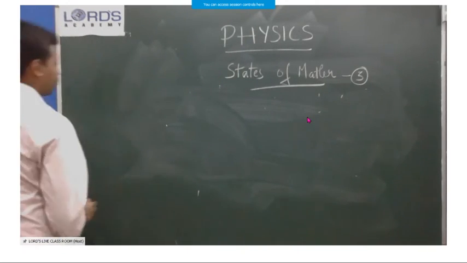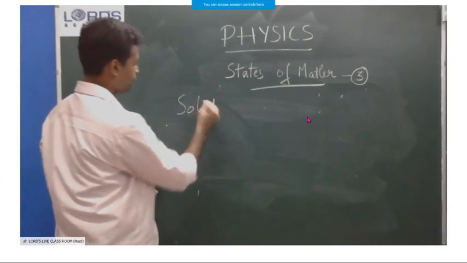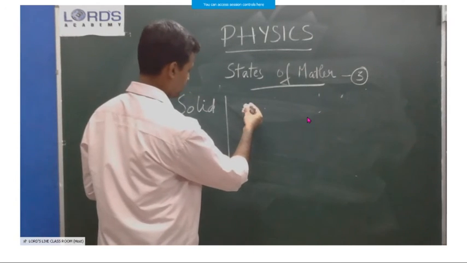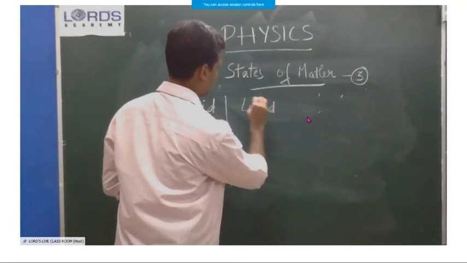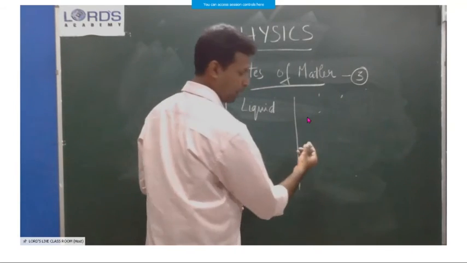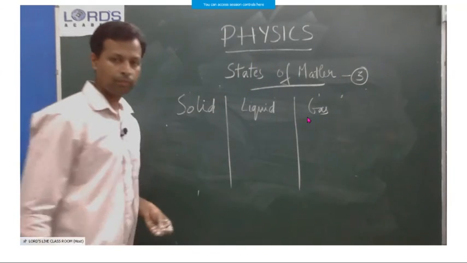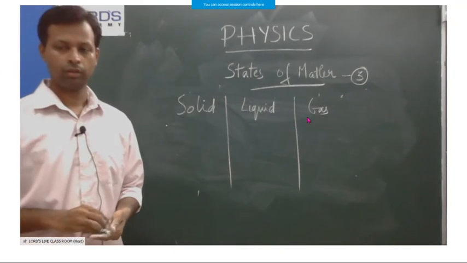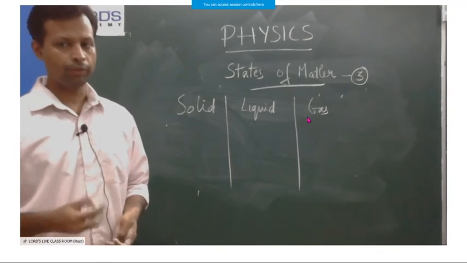For a solid, I think all of you know what is kinetic energy. Do you know the difference between kinetic energy and potential energy? What is kinetic energy? Can anybody of you tell me?